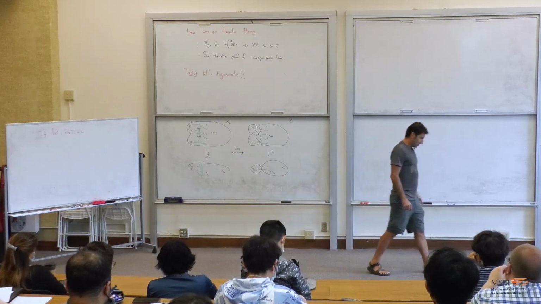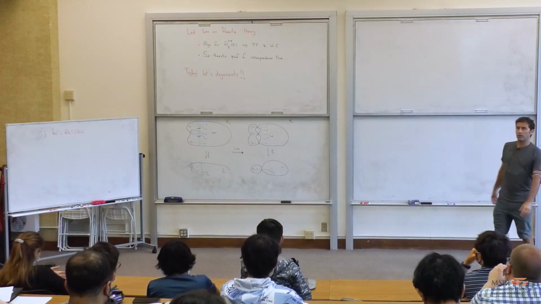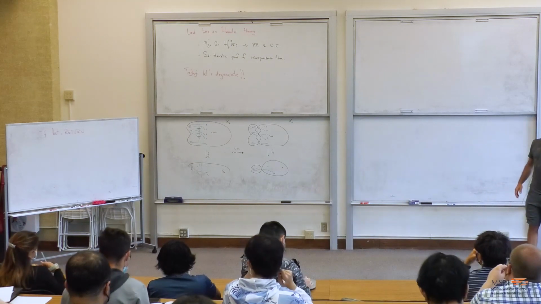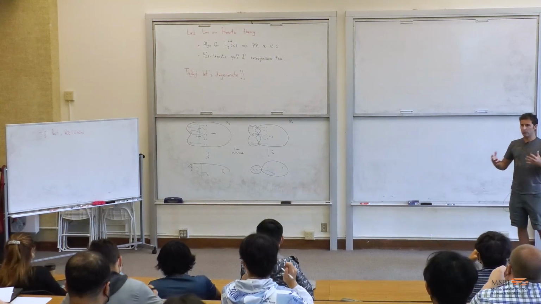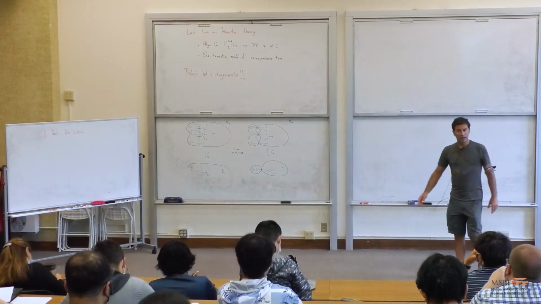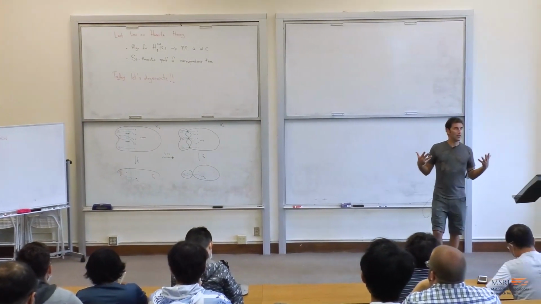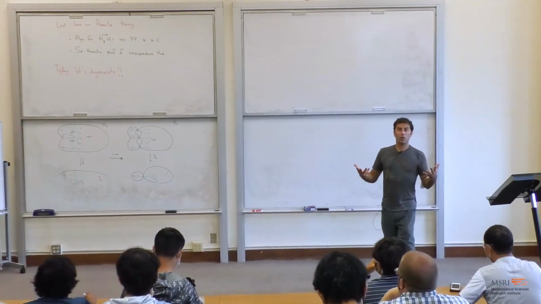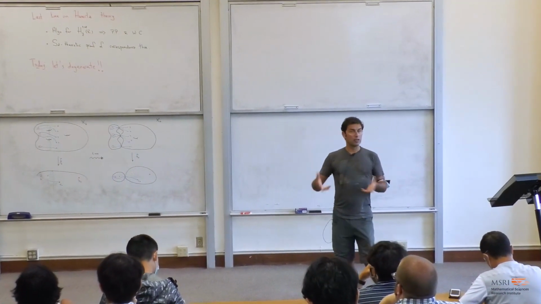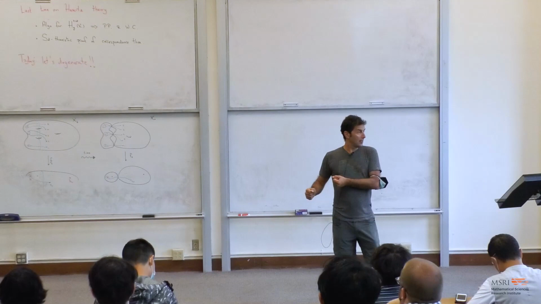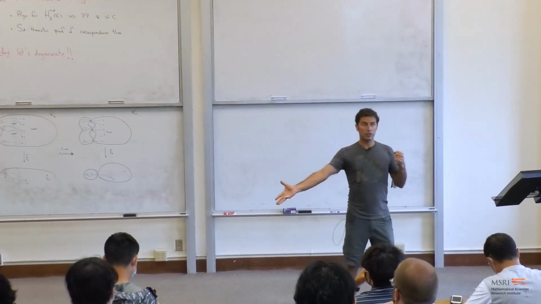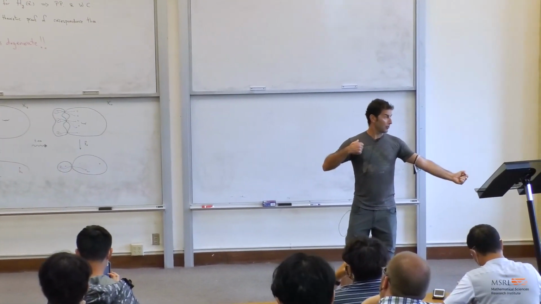This is very much following the philosophy that Francesca was presenting yesterday in her talk. If you're trying to count something which is geometrically sophisticated, what you might want to try is to break it up into simpler pieces and trade some of the geometric complexity for combinatorial complexity.